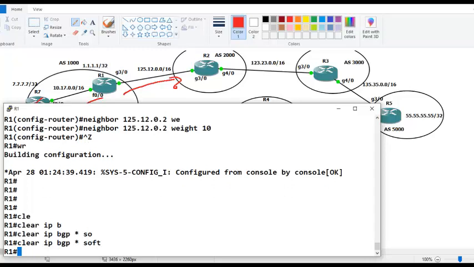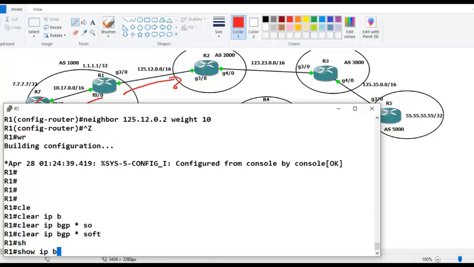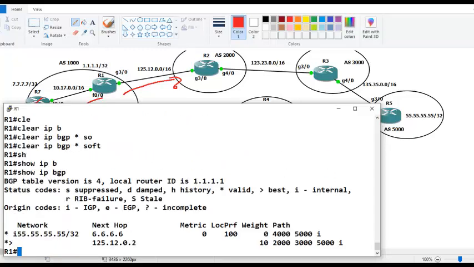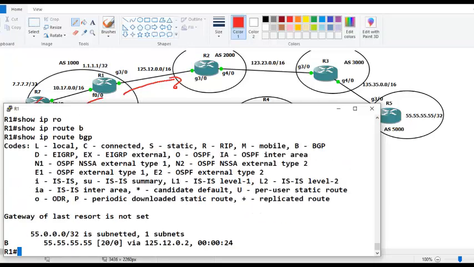Now you see, though it is a long path, because the weight is set, it has become greater. Now router 1 is going via router 2, not via router 6. Show IP route BGP, you can see it's going via router 2. Now for router 1, the best path is via router 2.